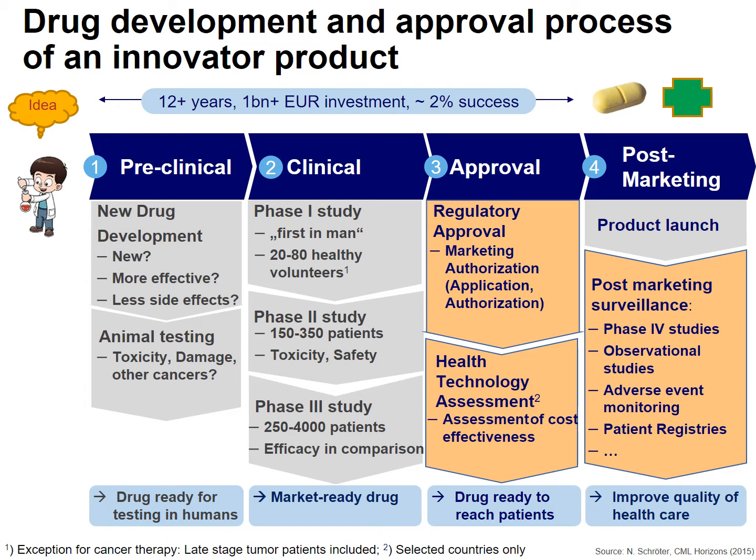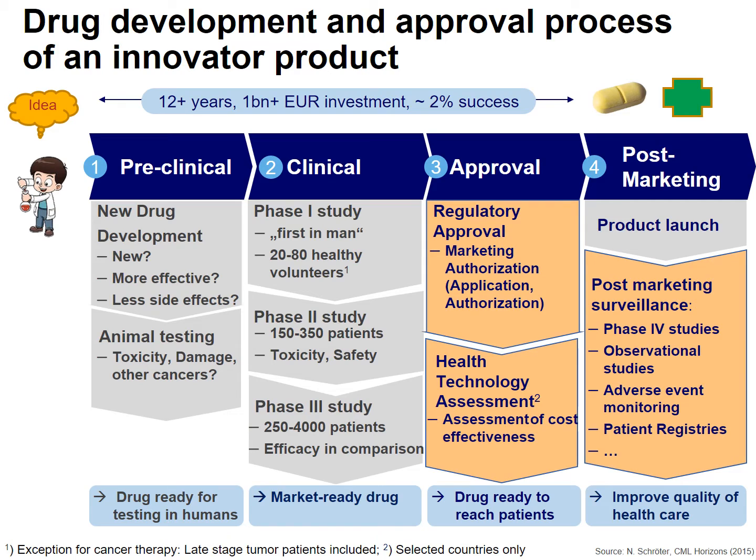Then in approval, we have on one hand regulatory approval, so that's the competent authorities that look at the efficacy of the drug, and if the drug is seen as safe and effective, it is authorized for marketing. Secondly, health technology assessment looks at the cost effectiveness or other factors that decide whether the drug is actually reimbursed.